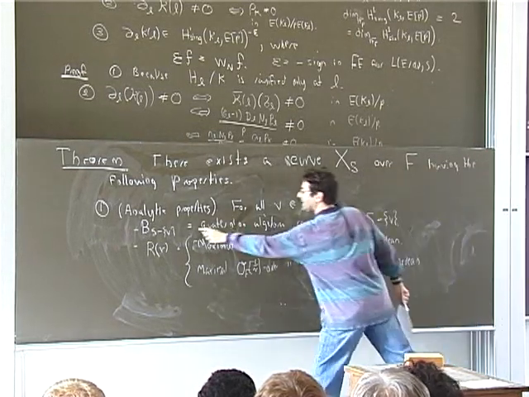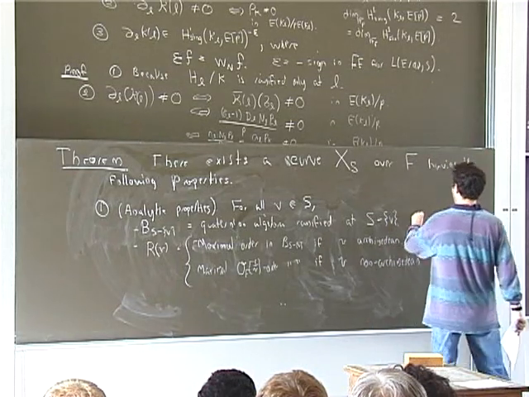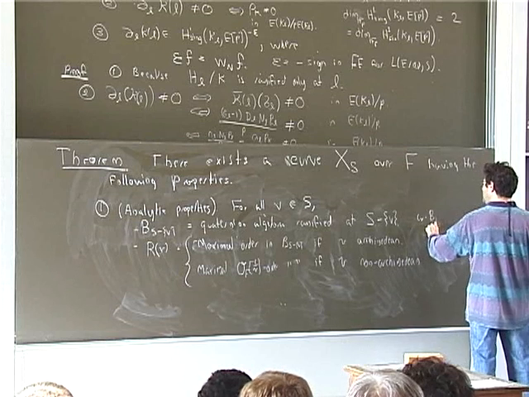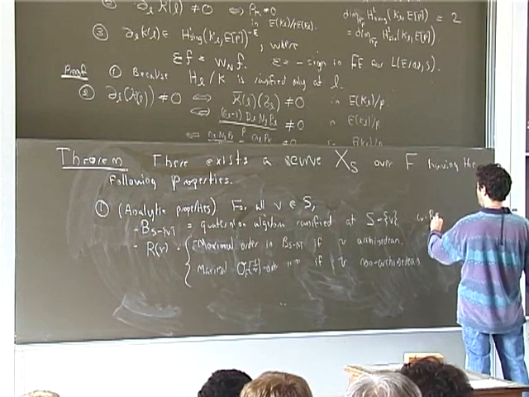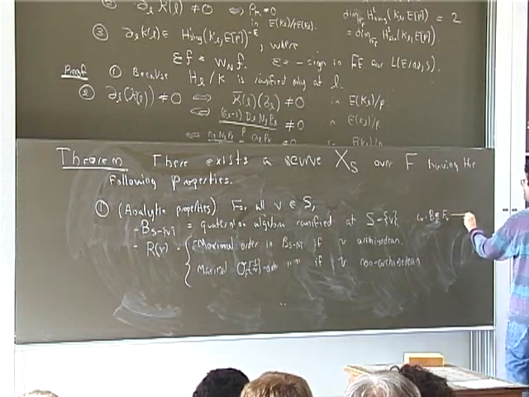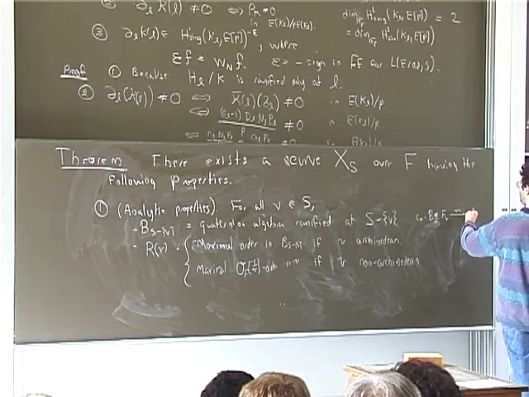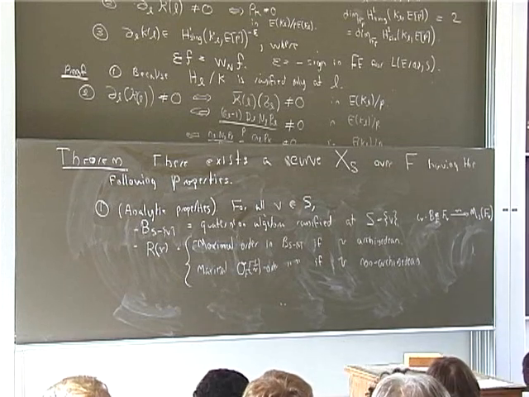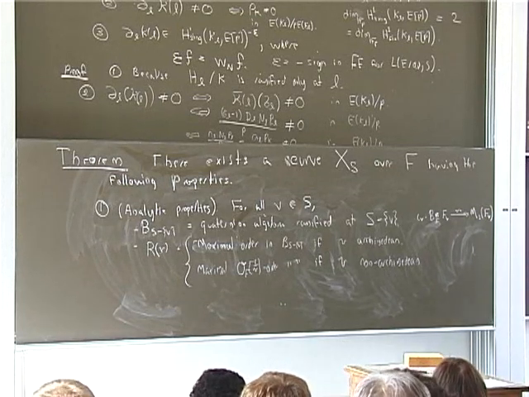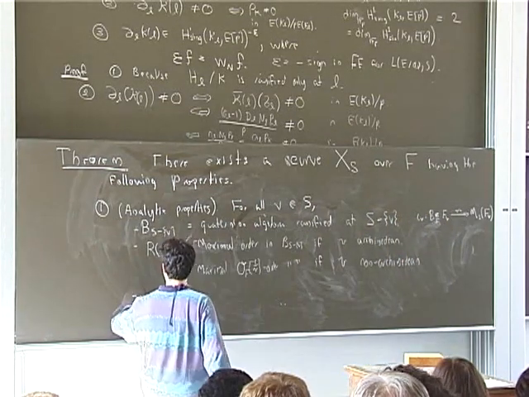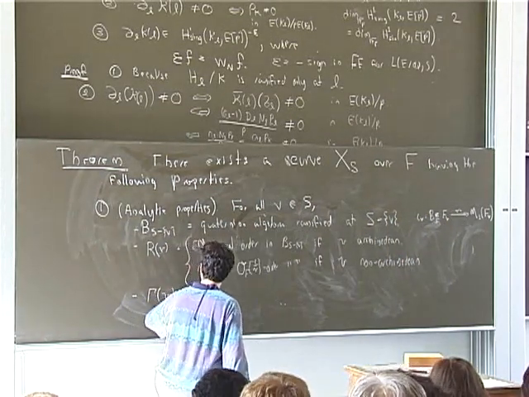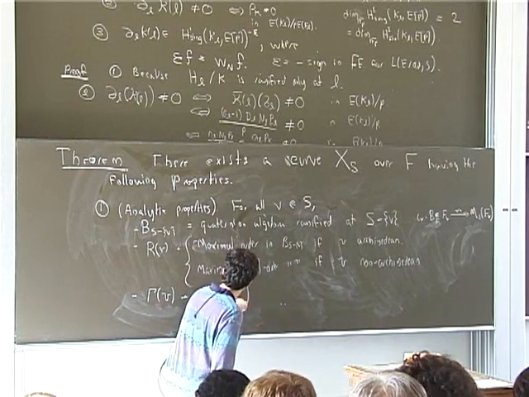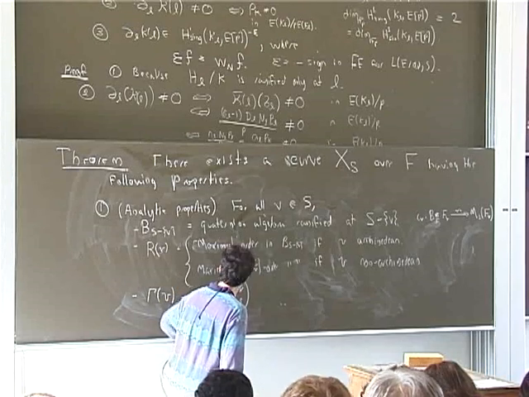Because I chose this v to be outside the set of ramification, I also have an embedding, which I'll call iota_v, from B tensored over F with the completion of F at v into the 2x2 matrix ring with entries in F_v. So I fix such an identification. And then I'll write Gamma of v for the image of the set of elements of reduced norm 1, the multiplicative group, under iota_v.